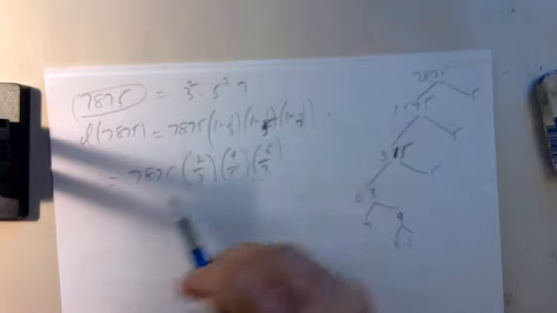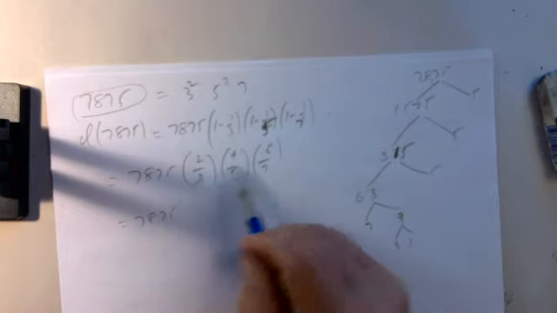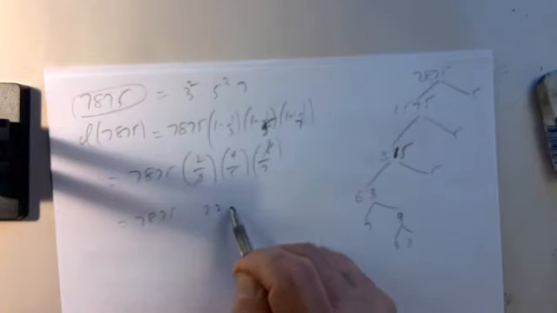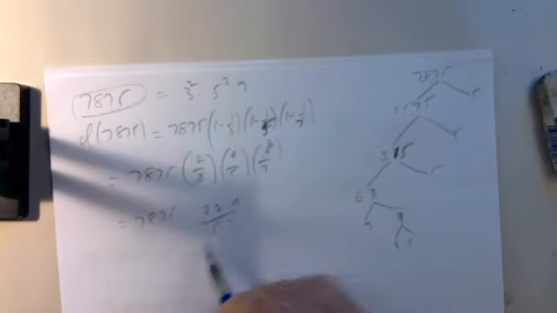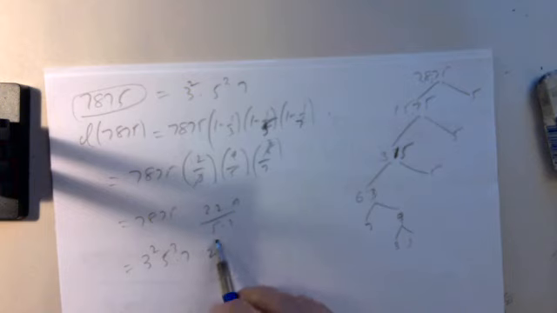This cancels, 3 into 6 goes 2, so 2 times 2 times 4 over 5 times 7. This is 3 squared, 5 cubed, times 7, times 2 to the 4th over 5 times 7. That's 2 to the 4th, 3 squared, 5 squared.